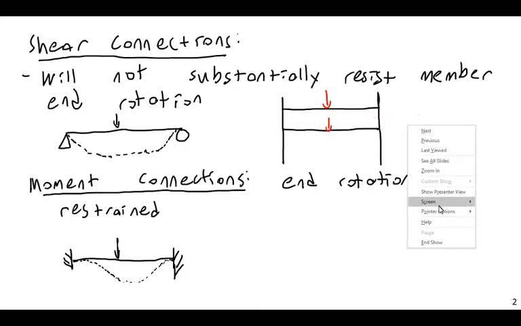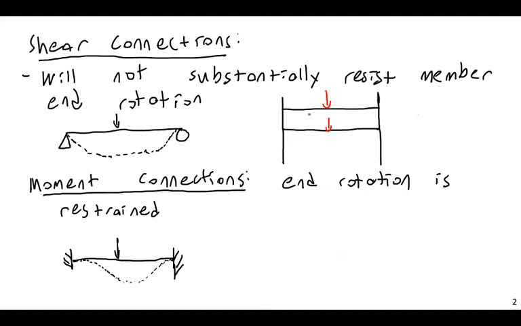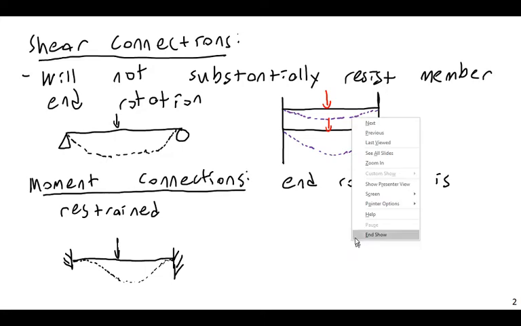What happens to the curvature of each of these things? Well, in the pin connection, no moment is going to be transferred to the columns. Instead, the beams are simply going to rotate freely, and the columns are not going to experience any rotation from those end connections. And same thing with this one here. But what about something with fixed connections?